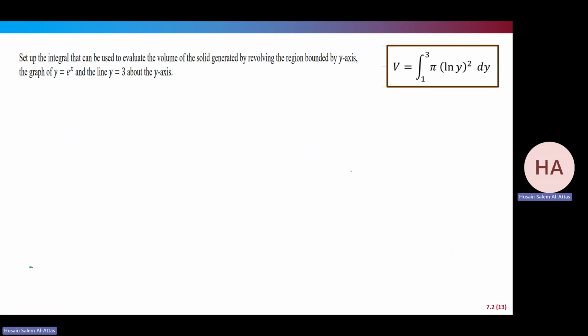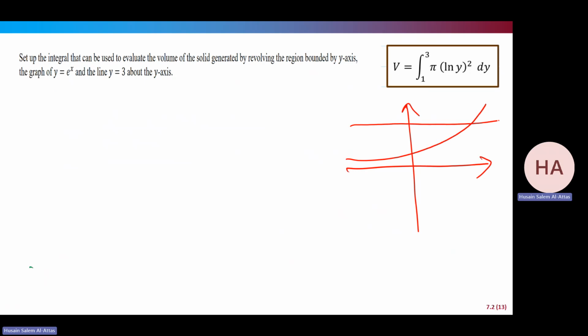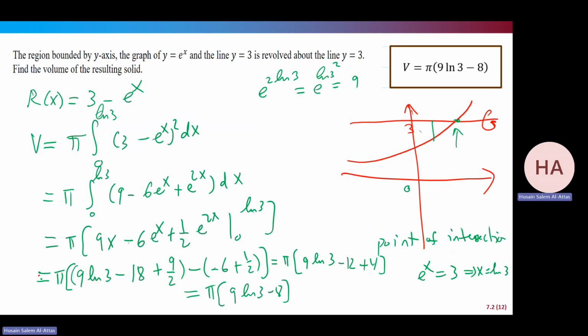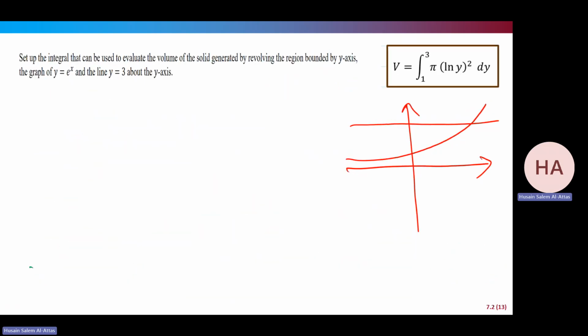But I'm doing the revolution about the y-axis. So this is y equals e to the x, this is y equals 1. I'm talking about this area. The previous one was about the line y equals 3. Now it's about the y-axis, so this is my axis of revolution.